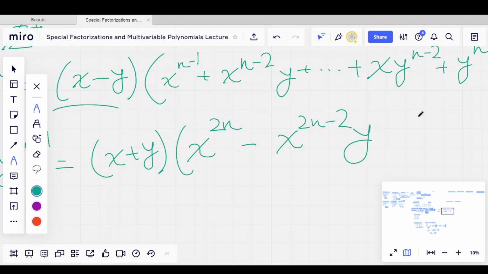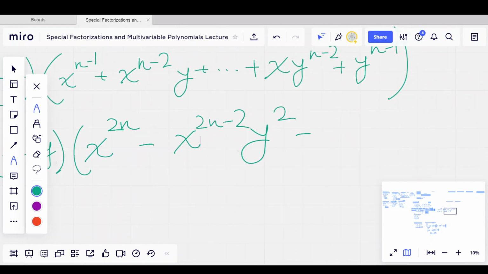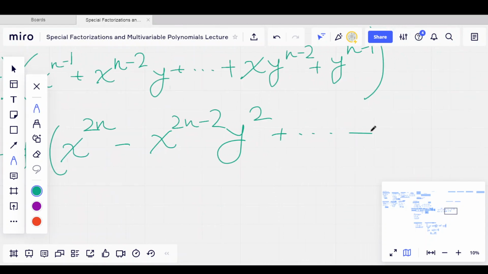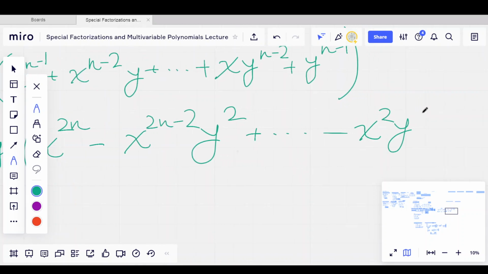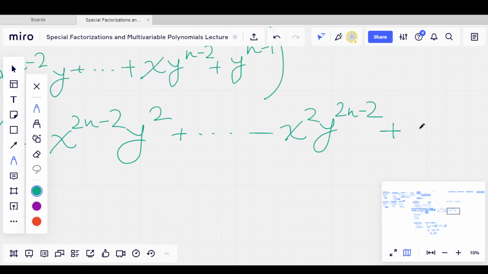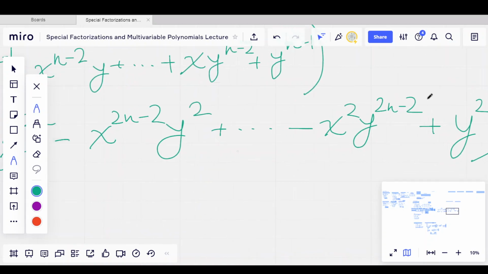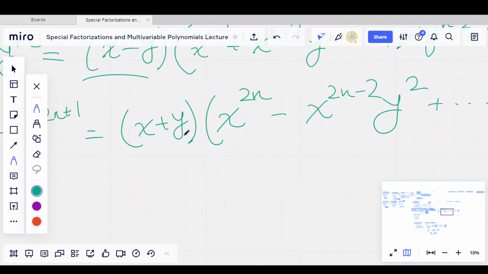Y to the y squared plus dot dot dot minus x squared y to the 2n minus 2 plus y to the 2n. These are the two identities.